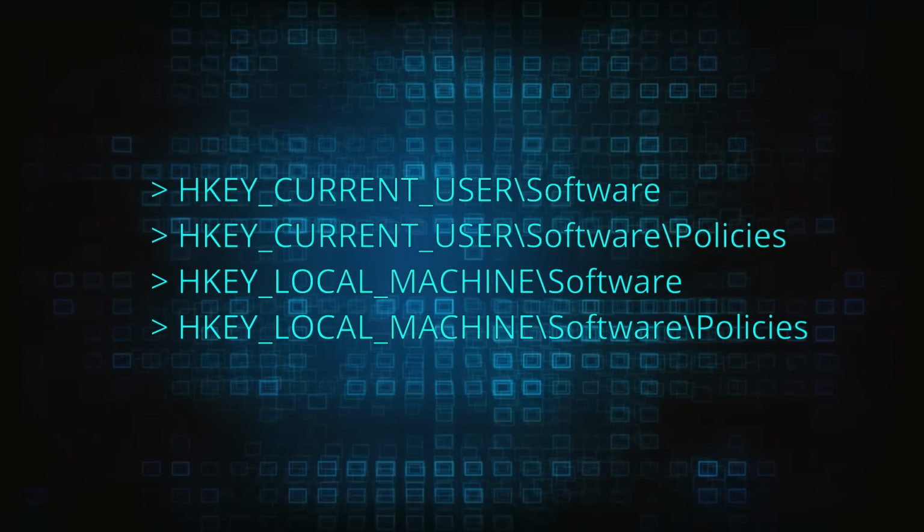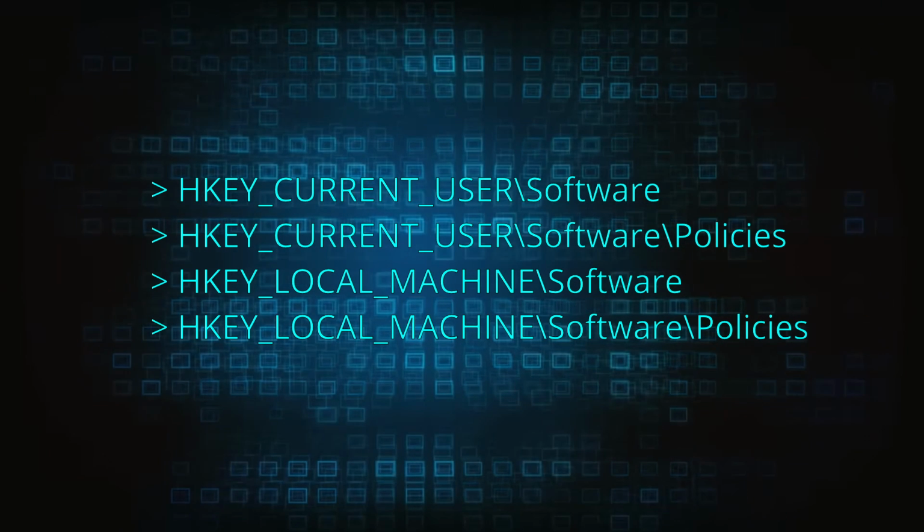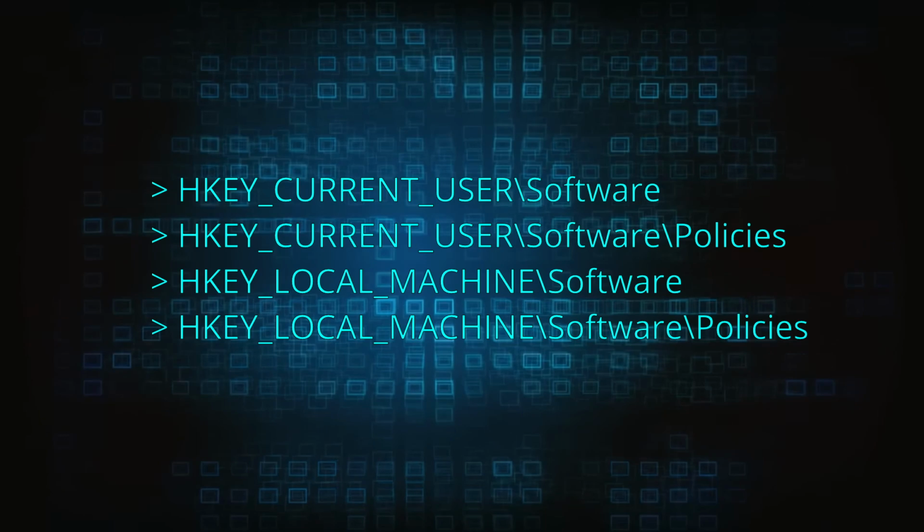Next, navigate to the registry editor paths you see on your screen, and check them for registry subfolders, also known as keys, that have the name of the affected browser.